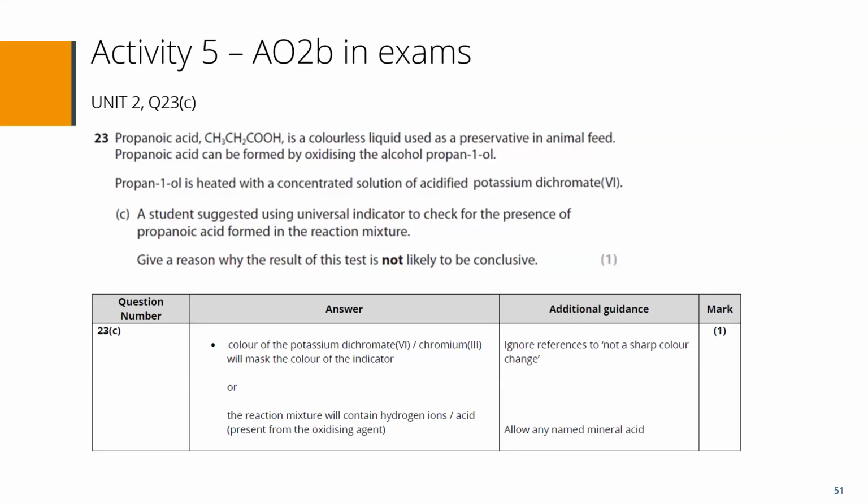And the reason, of course, is that the color of the potassium dichromate or the chromium(III) will mask the color of the indicator, or the reaction mixture will contain hydrogen ions or acid that's present from the original oxidizing agent. The additional guidance says ignore references to not a sharp color change, and you can allow any named mineral acid.